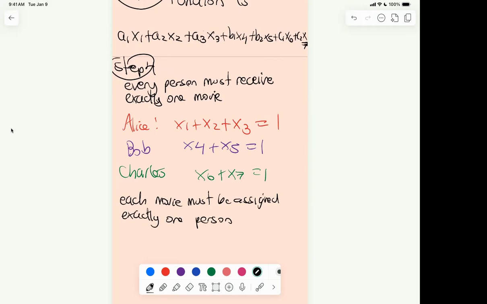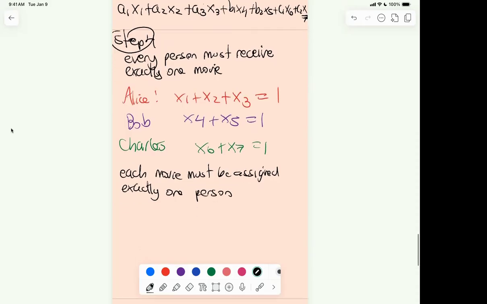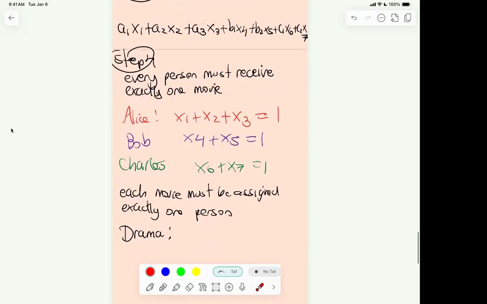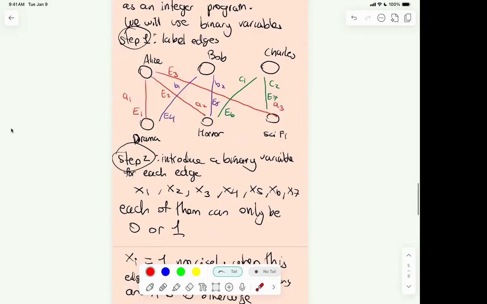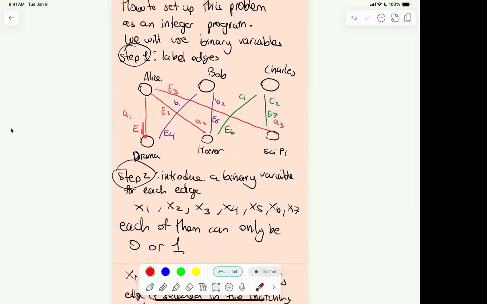So now we have to look at it from the perspective of the movies. I didn't put colors to these ones, but let's look at drama. Which edges are related to drama? Drama received edges 1 and 4.